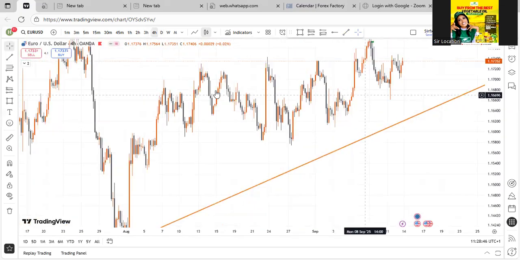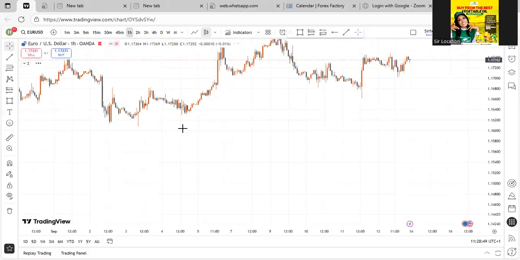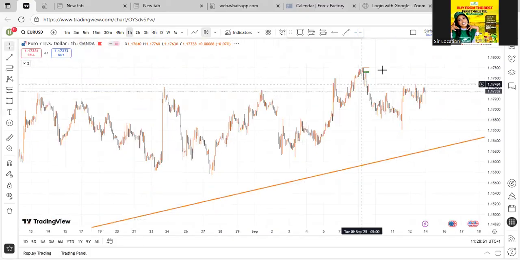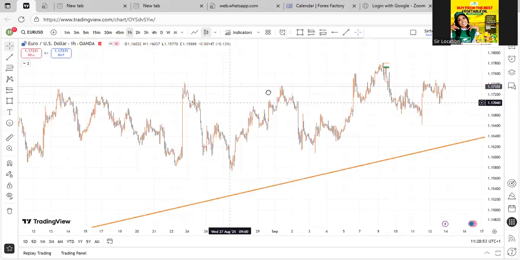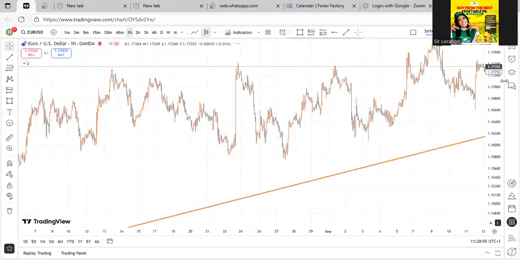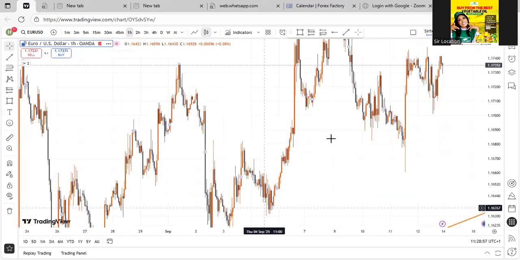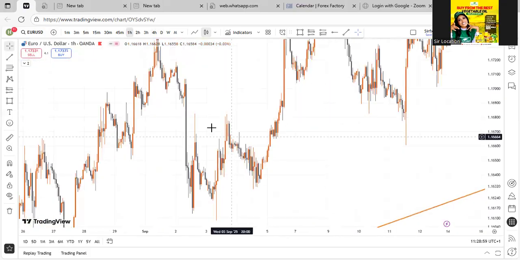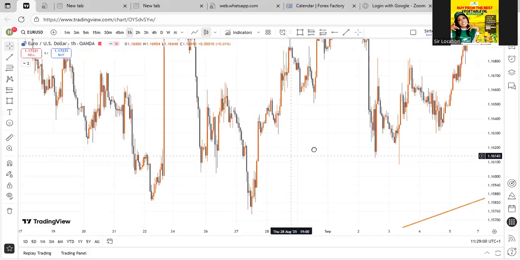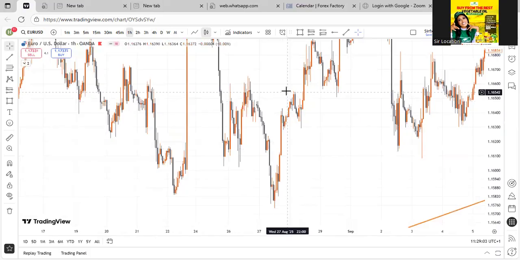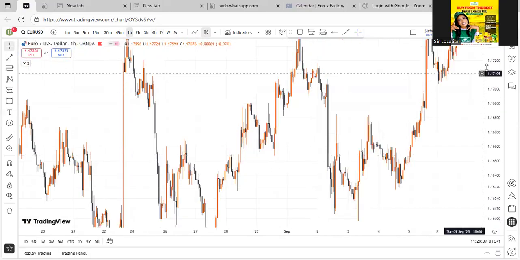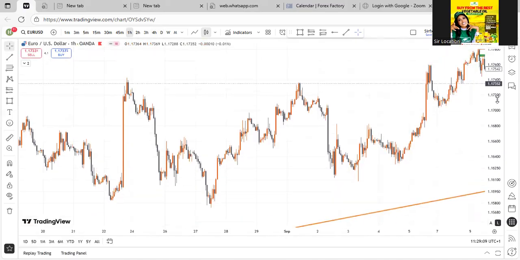Now let's head to 1 hour for immediate catching and all that. So now this is our 1 hour time frame. What are you going to do? Look at what's happening here. It's very, very simple.